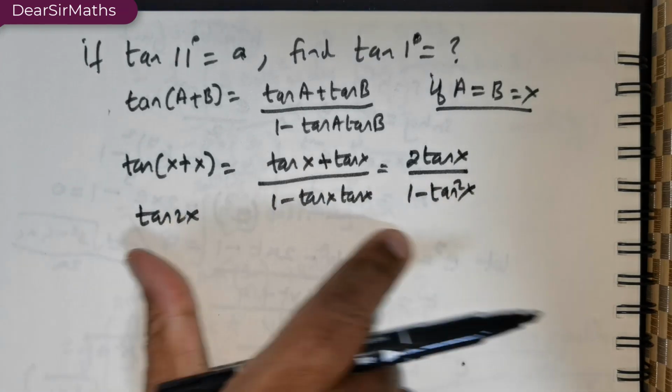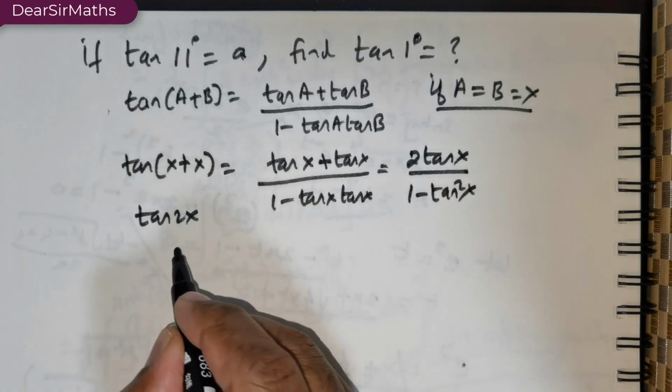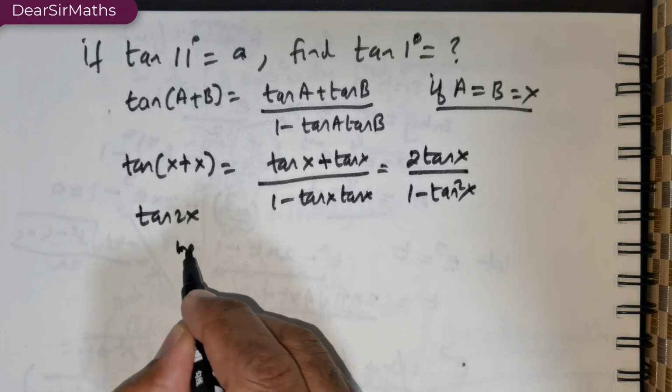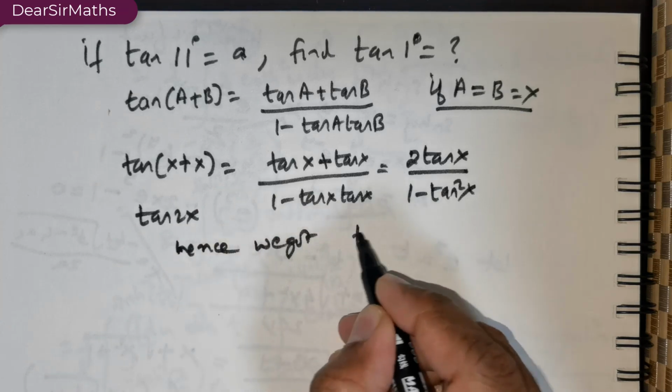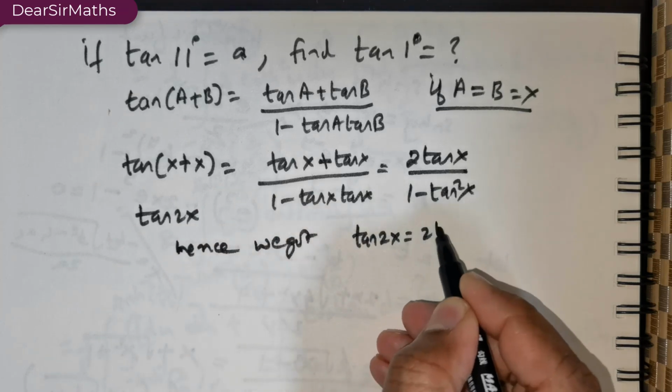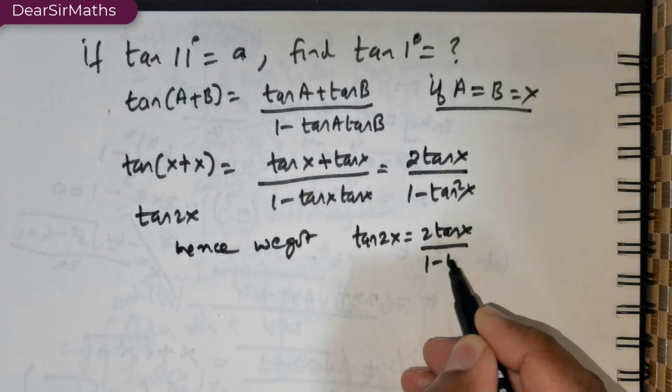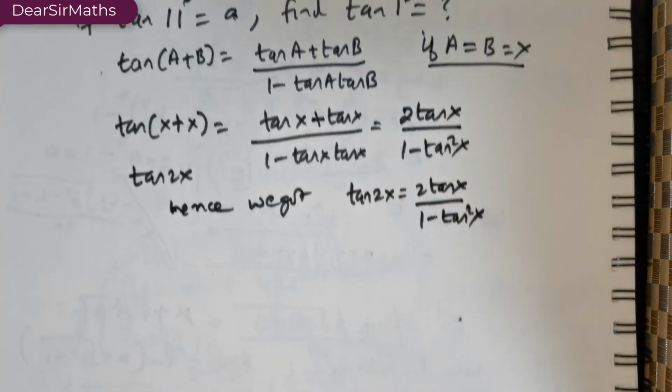So we will be utilizing this formula. Let me write that down. Hence we got tan 2x is equal to 2 tan x over (1 - tan² x).